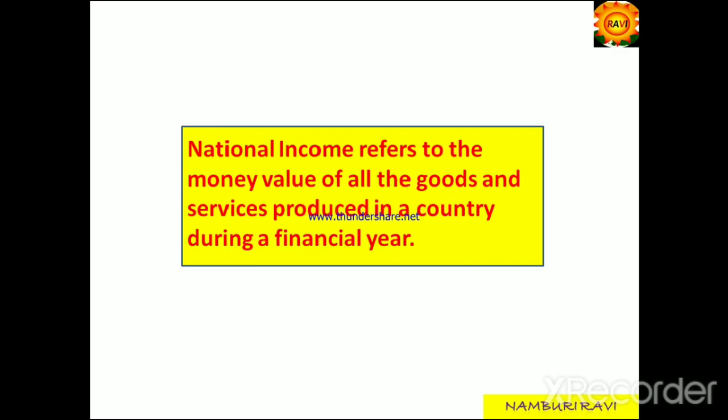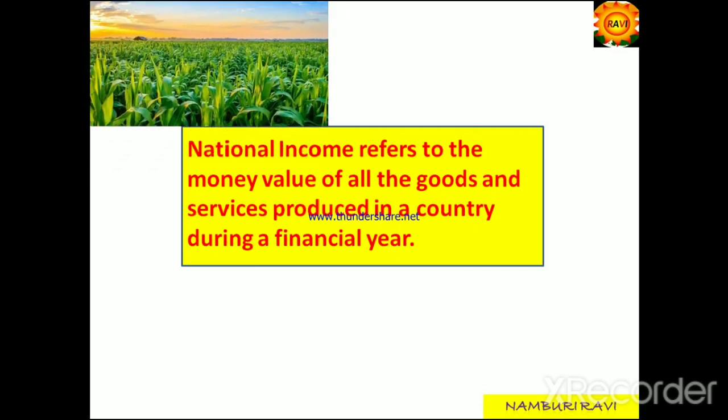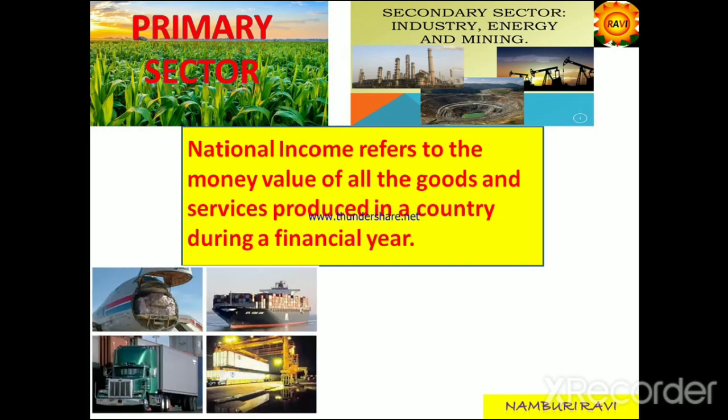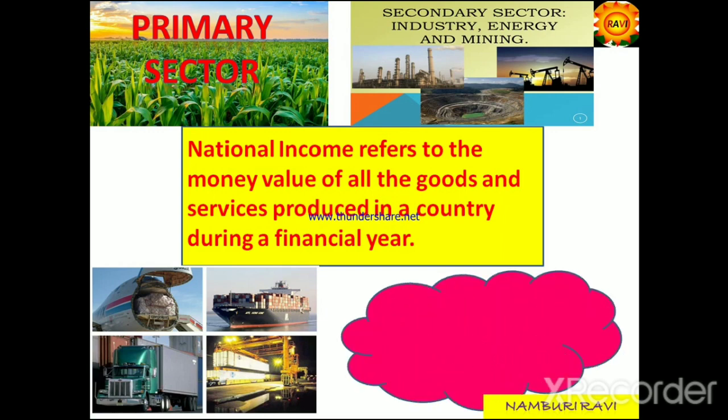From 1st April to 31st March, whatever goods are produced in the primary sector, that is the agricultural sector, its entire value, and whatever goods are produced in the secondary sector, that is the industrial sector, its total value, and whatever services are done by Indians in India and by Indians in the rest of the world, its total value, together we can call it the national income.